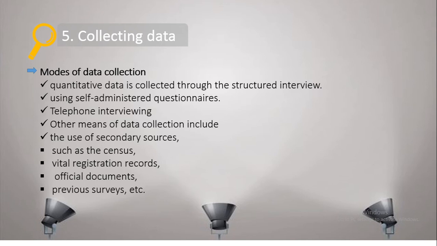It can be collected from census or vital registration records or official documents. For example, we can collect data about birth issues or maternal mortalities from official documents of hospitals and previous surveys conducted for some other purposes.